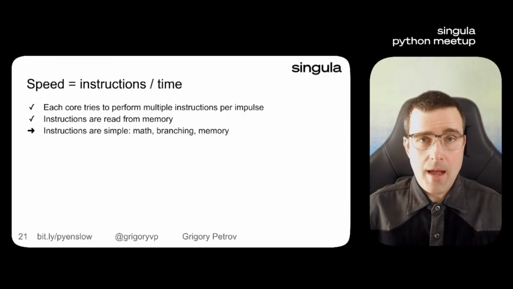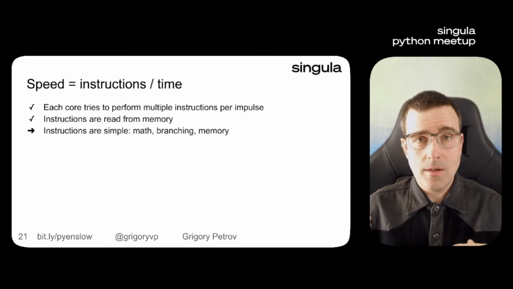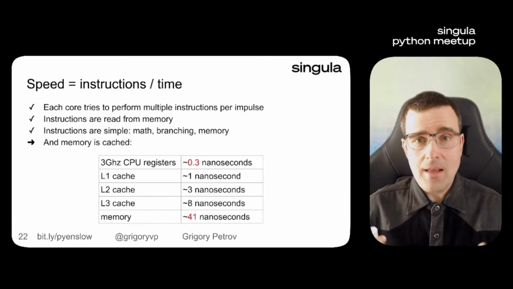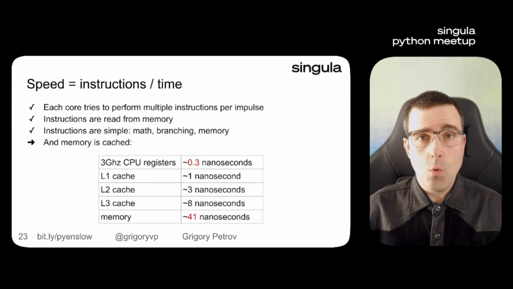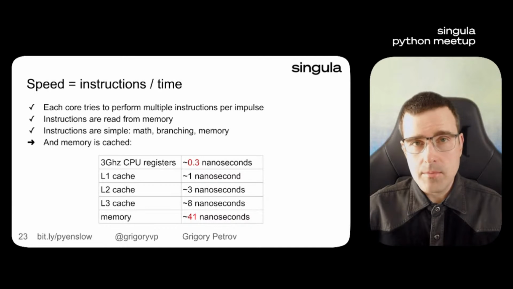They are math, branching, memory access, and this memory is cached between registers and physical memory. The difference in access time is more than 100 times.